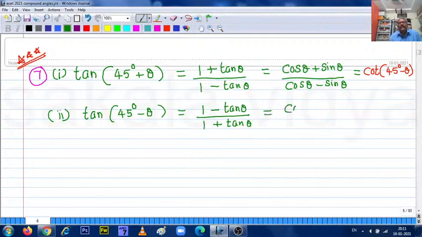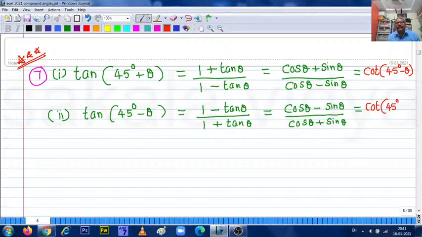Here also reciprocal: cos theta minus sin theta upon cos theta plus sin theta. This is equal to cot of 45 degrees plus theta.